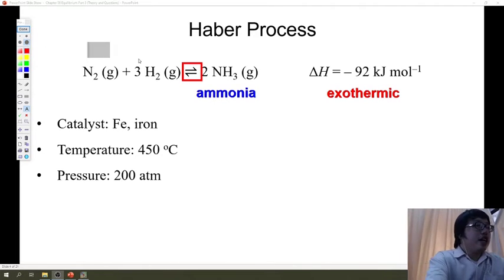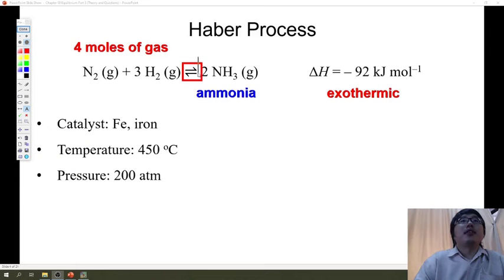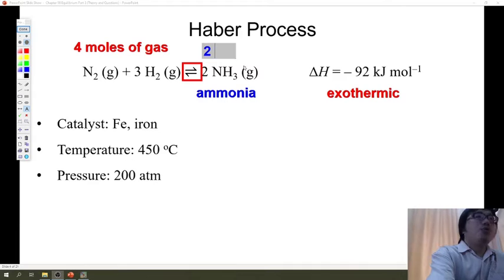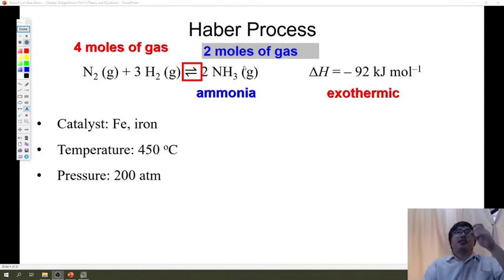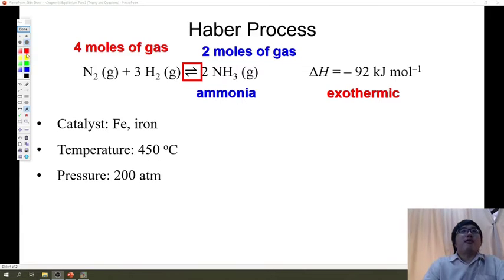A few other things to note. Here is 4 moles of gas, and here is 2 moles of gas. In this process, first please take note, we use iron.